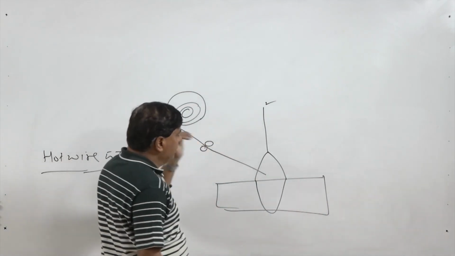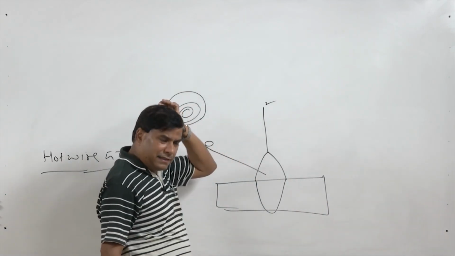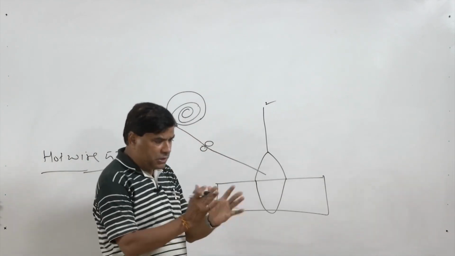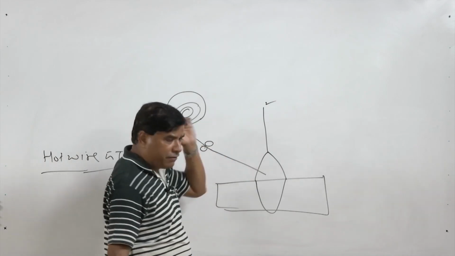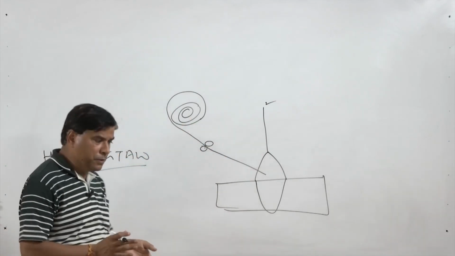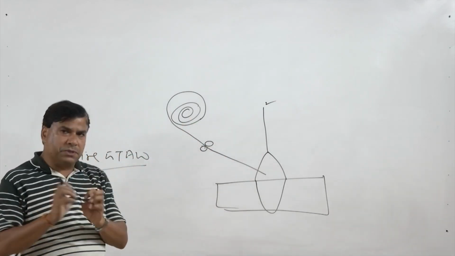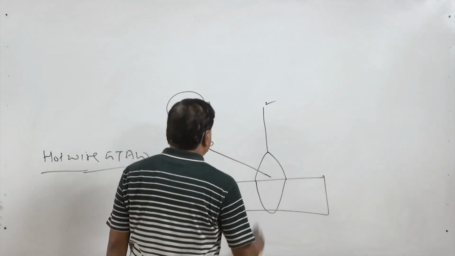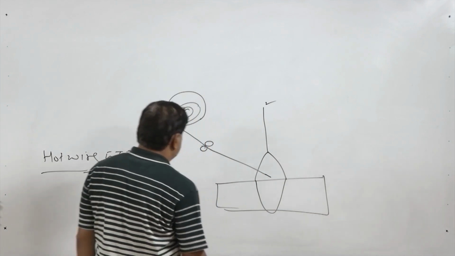But if it is fed directly like this, our deposition rate is less, because the amount of heat being generated is limited, and heat is also required for melting of the filler metal. So, this in turn reduces the deposition rate, or the amount of filler which can be melted by this process.